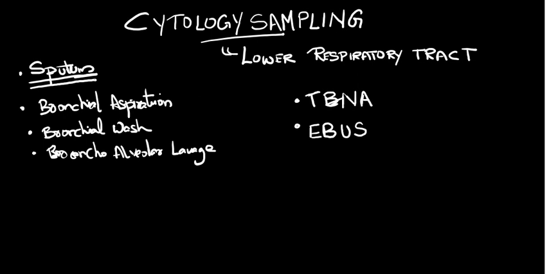In EBUS, the bronchoscope has an additionally fitted ultrasound probe, and while the bronchoscope is inside the bronchial tree, we can use the ultrasound probe attached to it to guide the needle to point exactly to a lymph node in the mediastinum, so that it is much more precise. With EBUS we can reach more areas, more lymph nodes, which was not possible before.